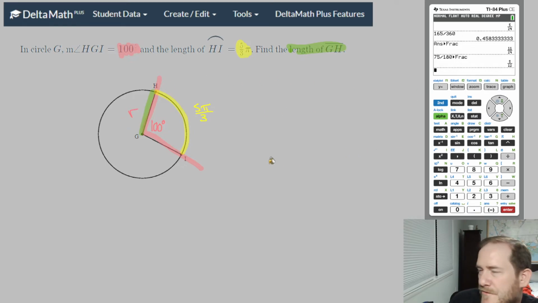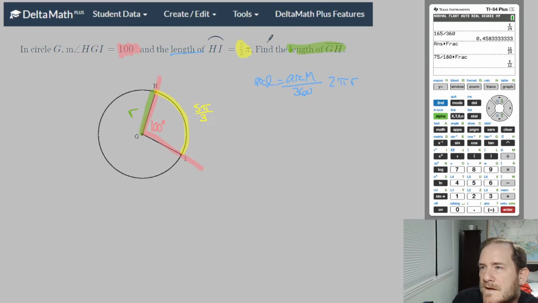Alright, if I'm trying to figure out this problem, then I guess I write down my formula for arc length. It would normally be arc measure over 360 times 2 pi r.